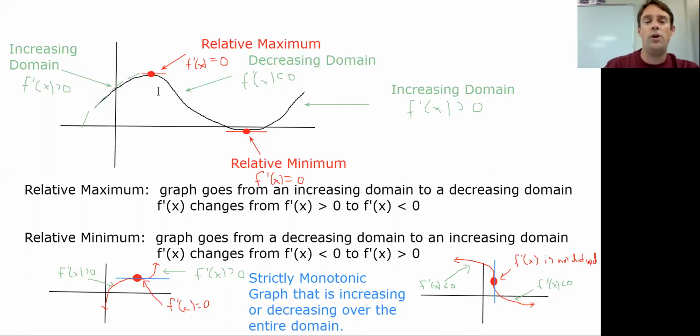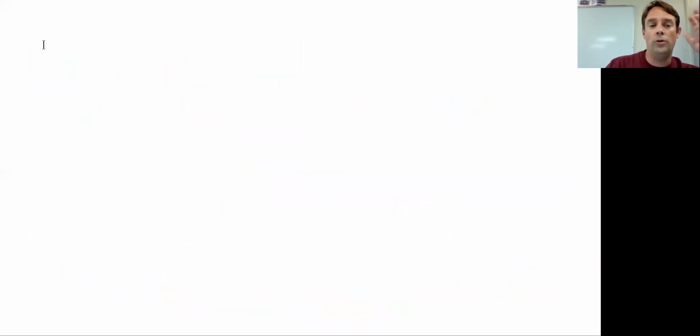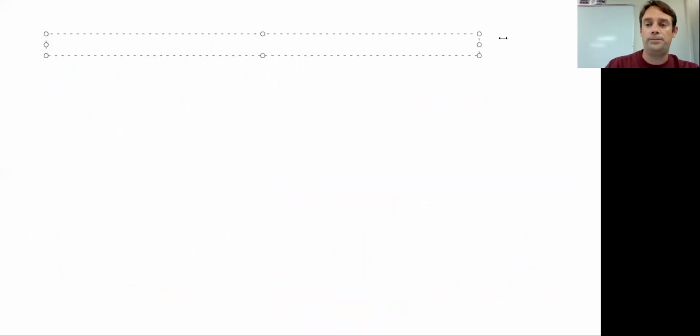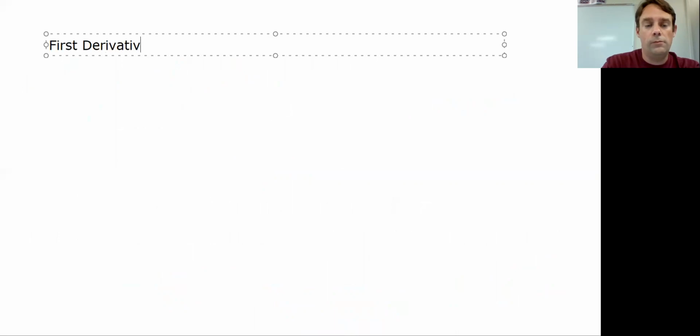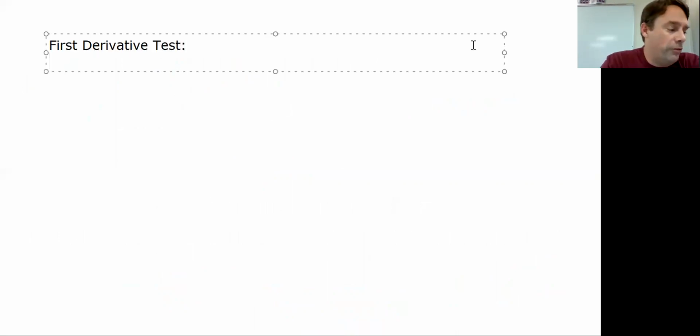And we have a way to figure out where that exists, and that's called the first derivative test. So I'm going to write out what the first derivative test is for y'all, and then we'll spend some time playing with it. First derivative test.